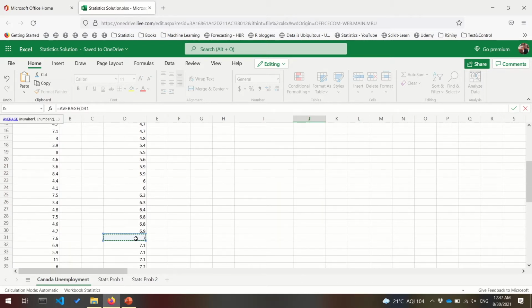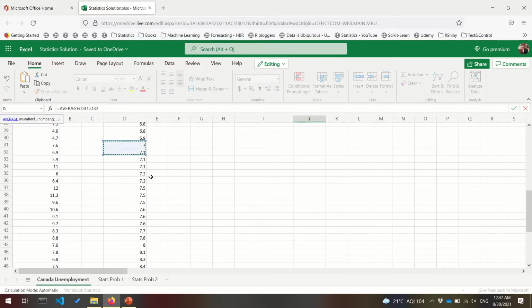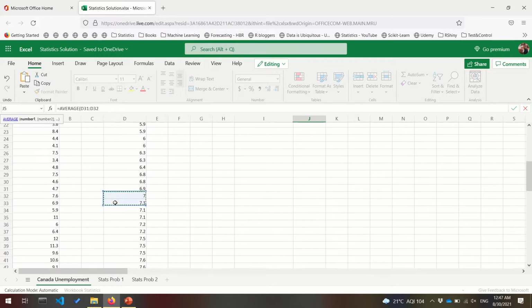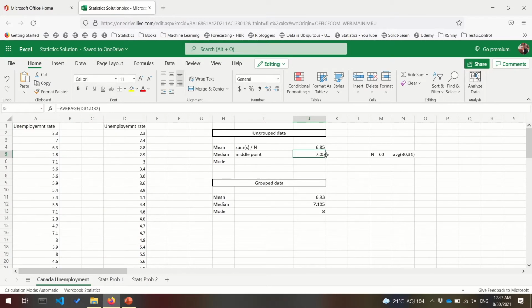You might see here 31 and 32. I'm selecting 31 and 32 because I have a header here. So row 31 will have the 30th data point, and row 32 will have the 31st data point. Similarly, the last data point is in row 61. Select these data points and you get the average of these two, 7.05.